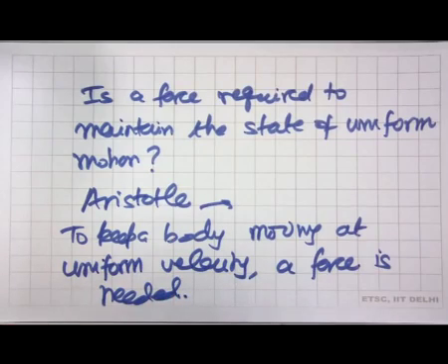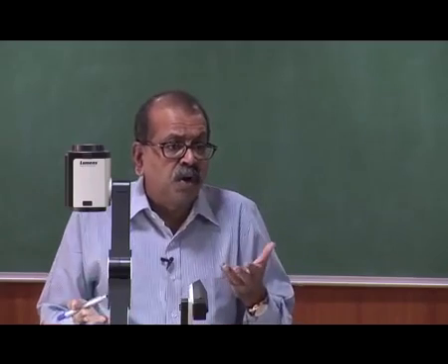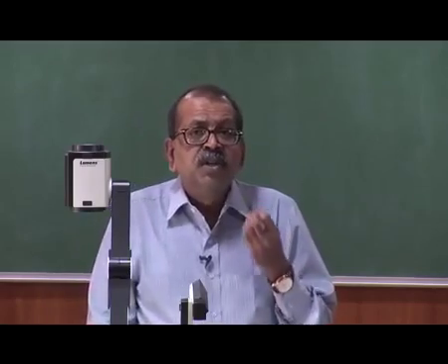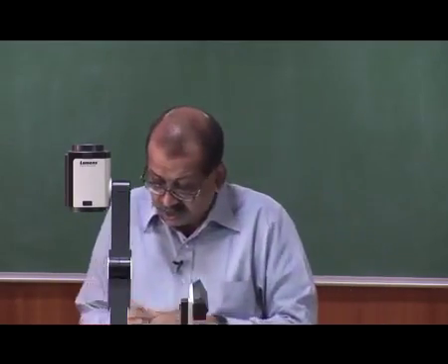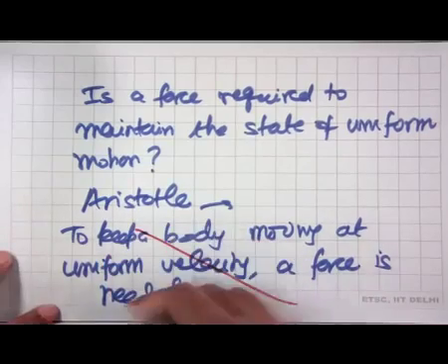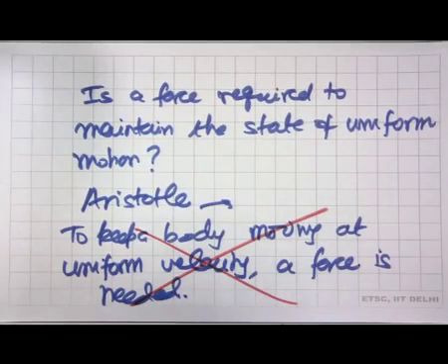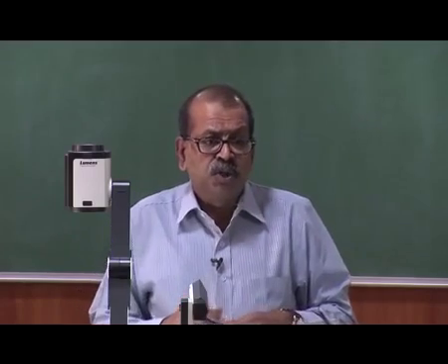And these ideas are what people followed for a long time, but it turns out this was wrong. So, while Aristotle said that a force is needed, let us put a cross on this to show that this was a wrong notion.